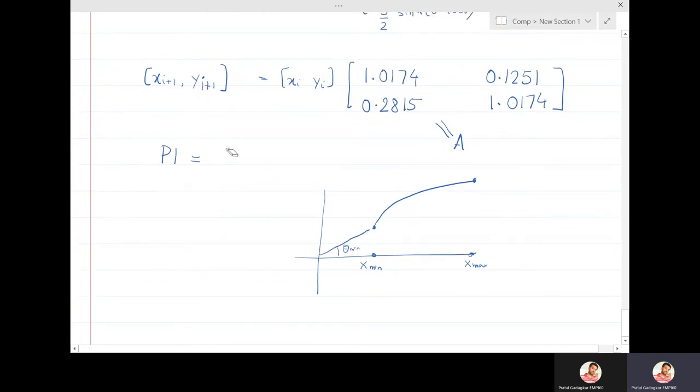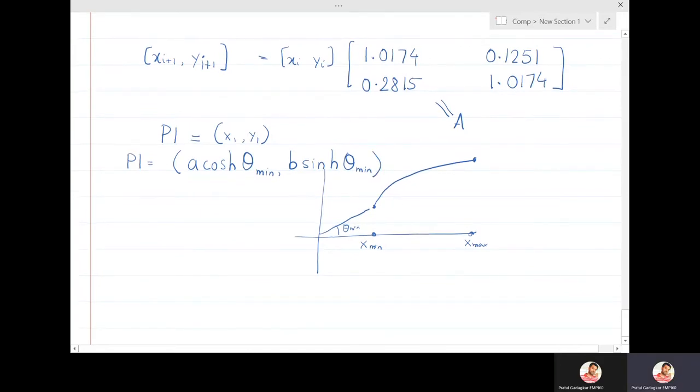So the first point is x1, y1, which is given by a cos hyperbolic theta min, comma, b sine hyperbolic theta min. Do we know what theta min is equal to? We have calculated theta min above. Theta min was how much? 1.3169.